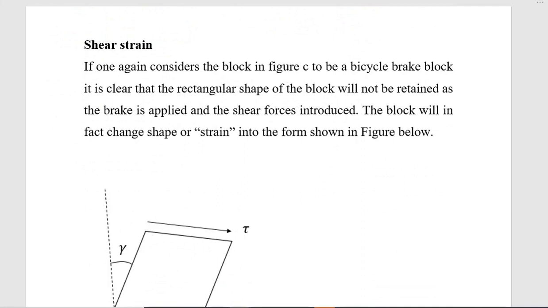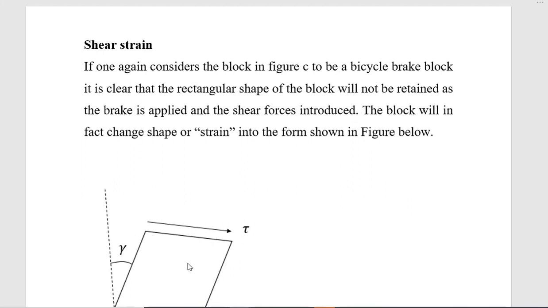Let's go ahead and look at shear strain. If one considers the block, for example, that block in A having been acted on by the shear loads or shear stress, it will produce figure C, like as you see it here.